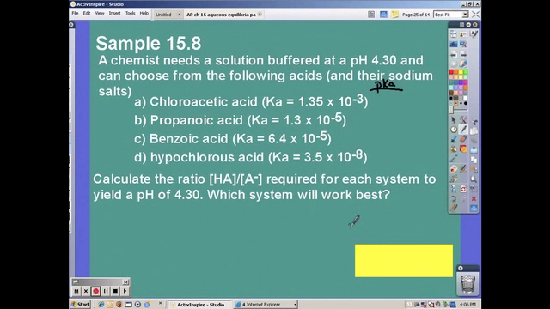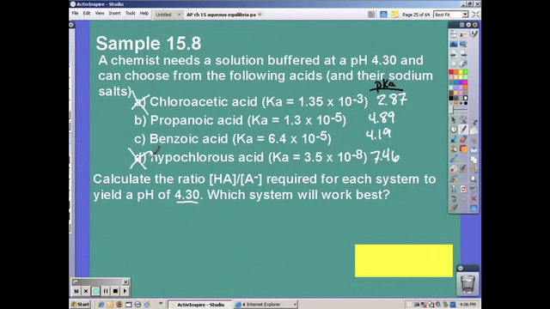So find your pKa's for each of those. Looking at that, we can eliminate A and D because their pKa's are quite far from our desired pH of 4.3. Now we need to find the ratio of acid to base that would give us a pH of 4.3.